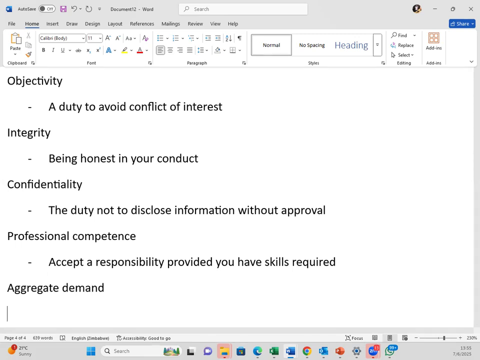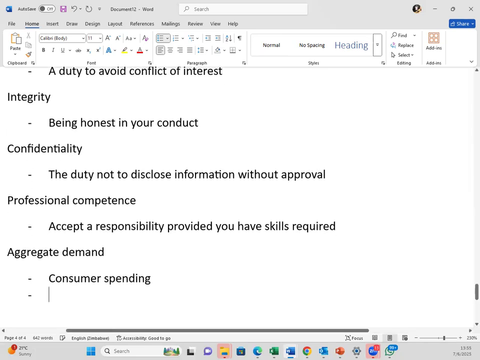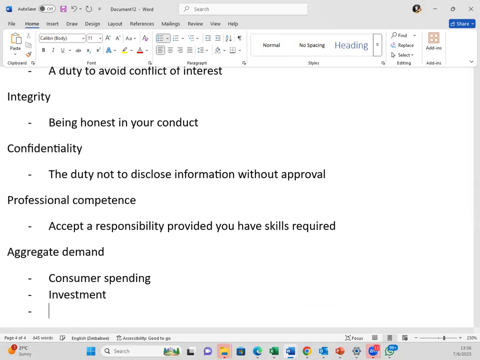So for aggregate demand, we can look at the demand for consumer spending. There's demand for consumer spending, demand by firms for investment. We have demand for government.